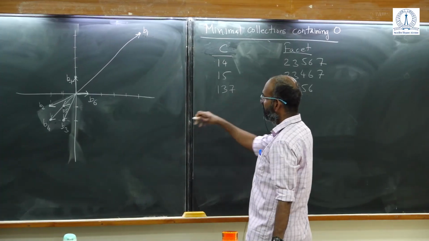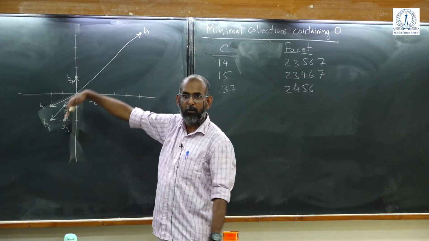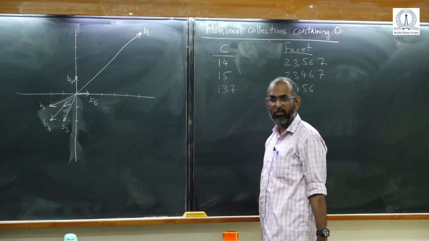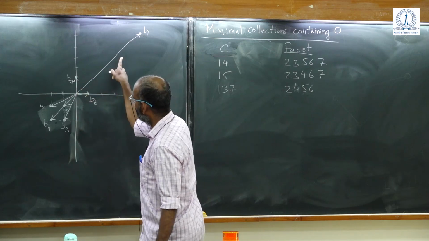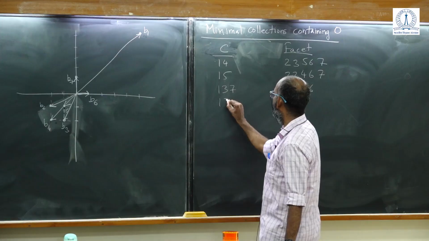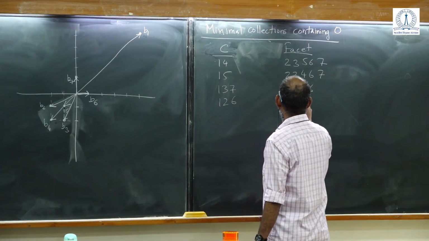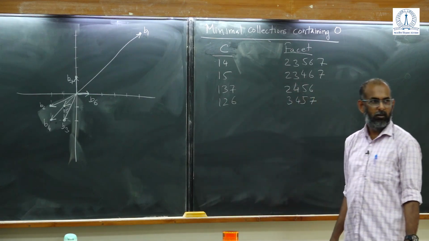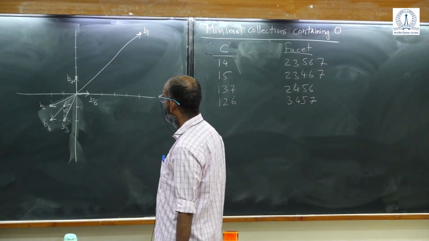1, 2, 6. So there is a symmetry here, right? If I reflect about this line, the point configuration is symmetric. So 1, 3, 7 is there. So 1, 2, 6 should also be there by the same argument. 1, 2, 6 corresponds to 3, 4, 5, 7. 1, 2, 3.